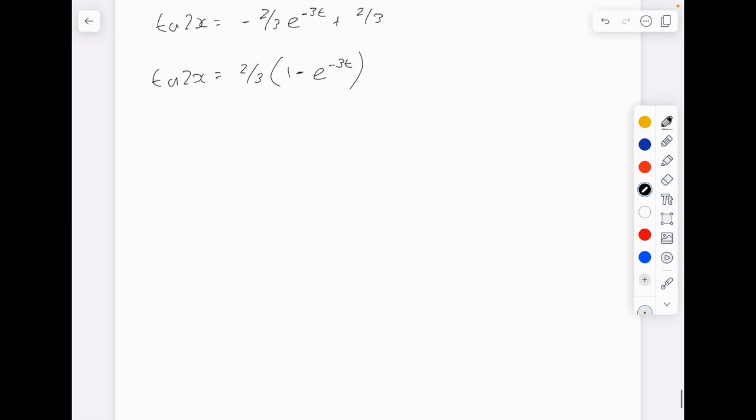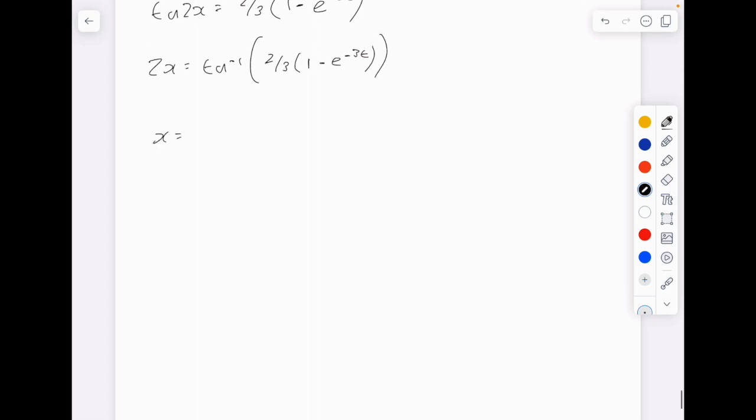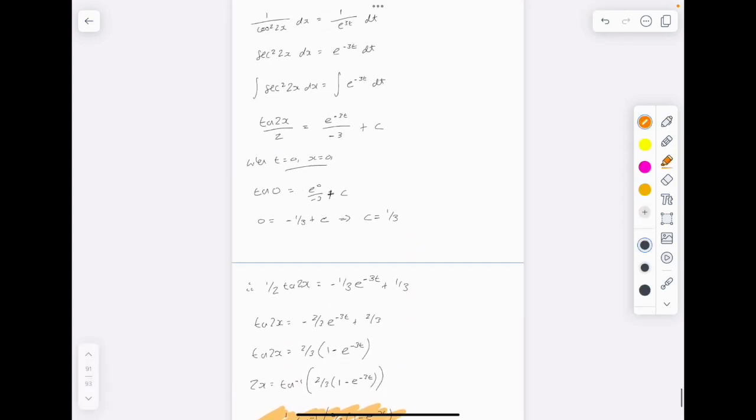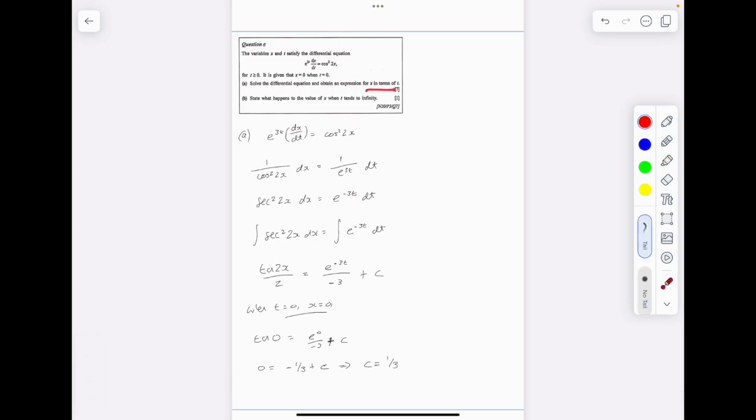So therefore 2x is equal to what? 2x is going to equal tan negative 1 of 2 over 3 (1 minus e to negative 3t). So x is equal to a half tan minus 1, 2 over 3 (1 minus e to negative 3t). Perfect. And that, guys, is going to be the final answer for the first part. So what does it say? x in terms of t. Simple enough.